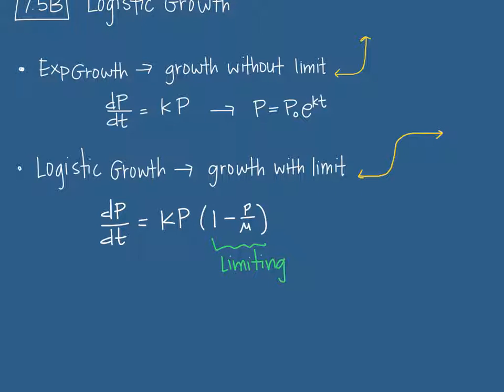When you recognize it in a differential equation, you know that you're going to have a ceiling to that function. And the constant M is the value of the max.